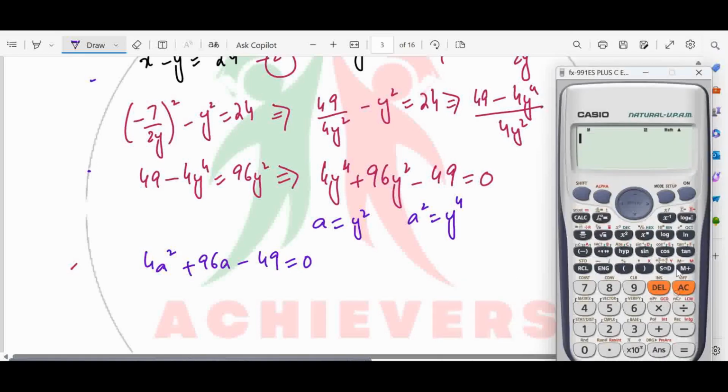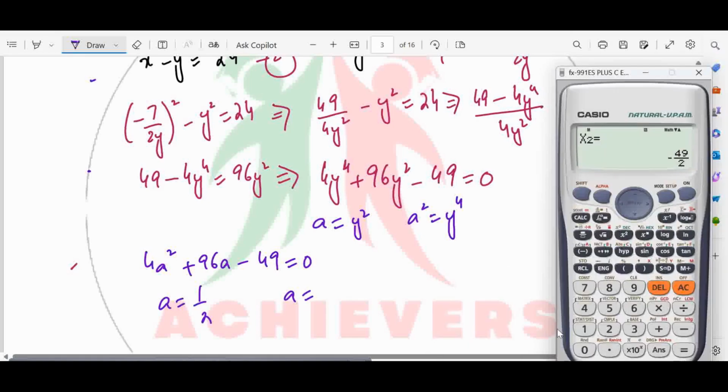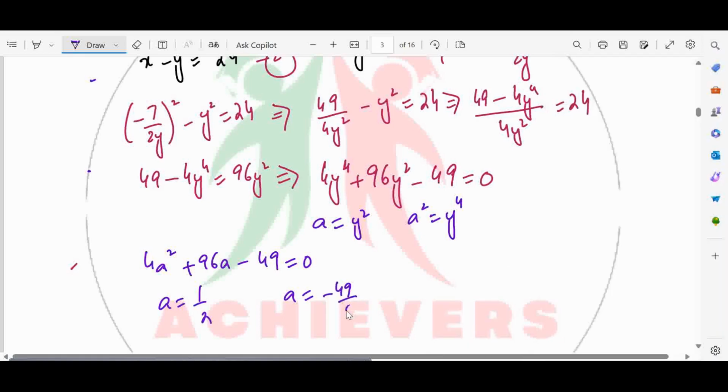Now let's use this formula, where a is 4, b is 96, and c is -49. One answer is a is equal to 1 by 2, and a is equal to -49 by 2.